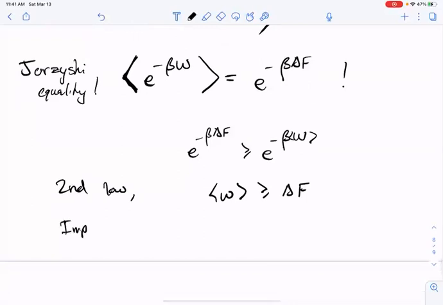Implied by the route that we got here is another relationship, that the probability of seeing some amount of work relative to its reverse is equal to e to the minus beta, the work plus the free energy difference.